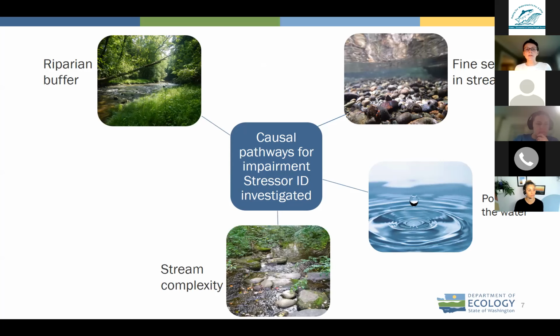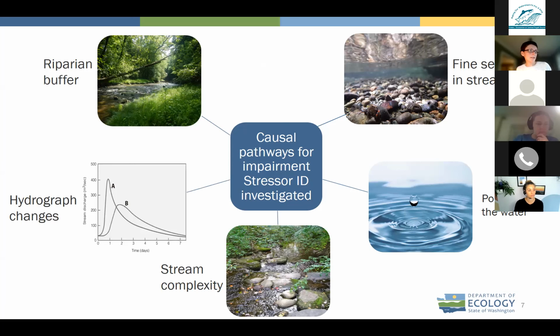Does the stream exhibit complexity, or is it mostly an urban stream that has been straightened and widened and lacks any kind of complexity like riffles and pools? And then last but not least, have impervious surfaces led to a significant change in the hydrograph, where even small rain events result in high peak flows?